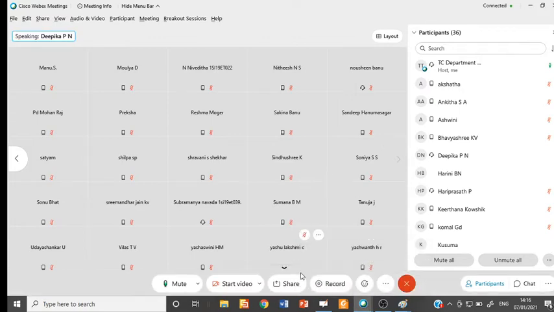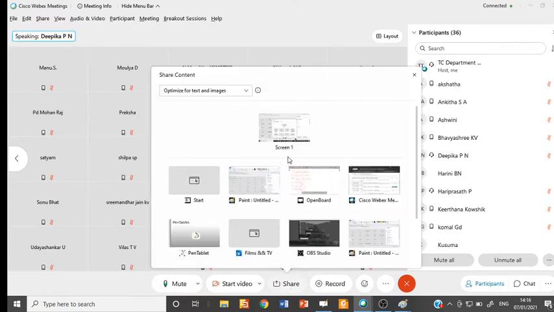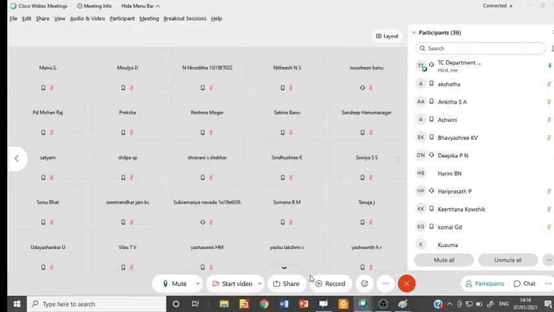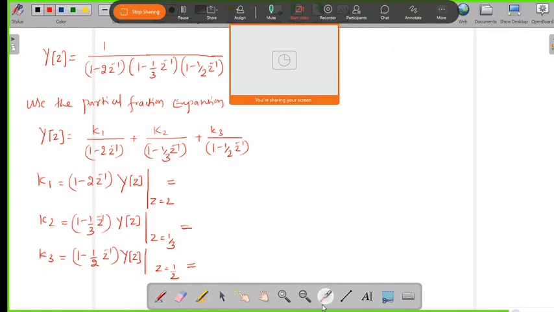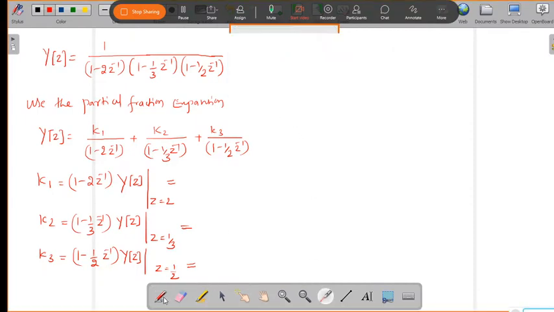K1 is equal to 8. Sir. How much? Sir, K1 is 8 by 5. Okay. K2 is 2 by 5. Okay. K3 is minus 1. Okay.